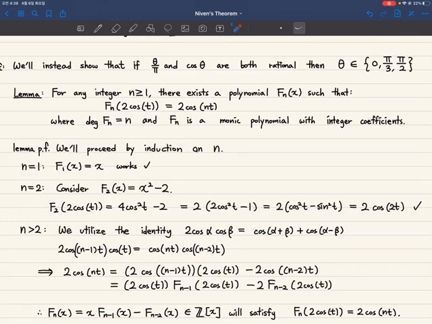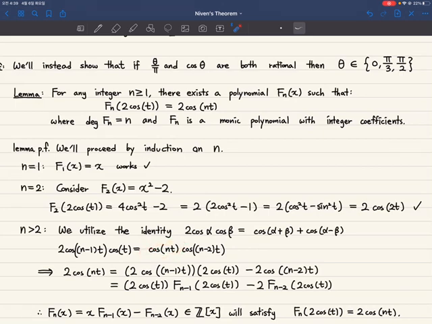Now we're going to apply this identity like the following. 2 times cosine of (n minus 1) times t times cosine t equals cosine nt plus cosine of (n minus 2) times t. Now we can rearrange this equation to solve for cosine of nt.